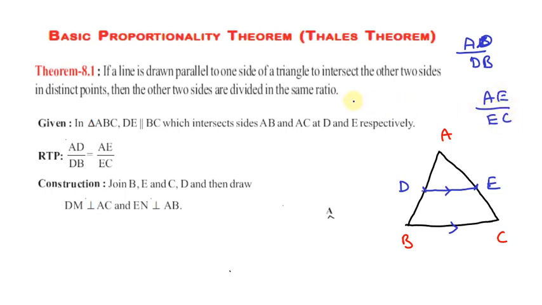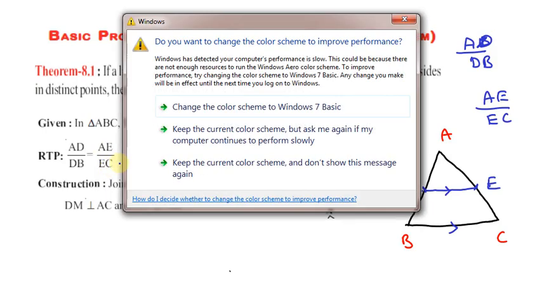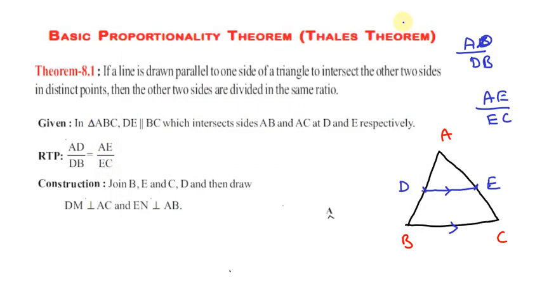So what this statement is saying is that DE divides these two sides in the same ratio. That means we need to show that AD by DB is equal to AE by EC.